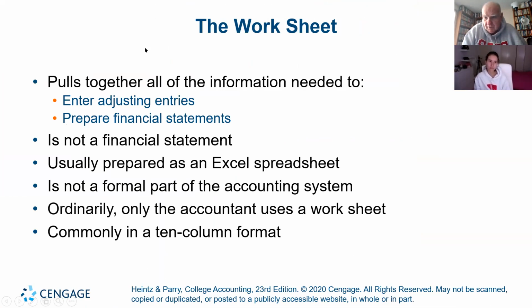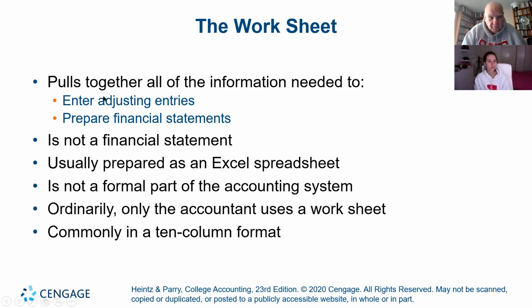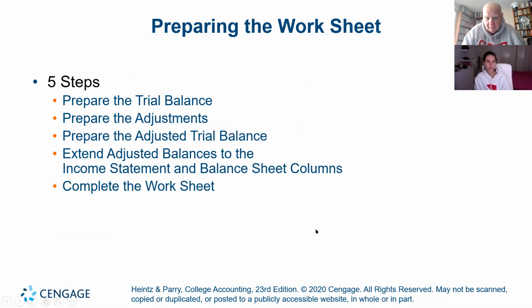So we're going to prepare a 10-column worksheet. We're going to enter the adjusting entries, prepare the financial statements. This is just a worksheet. It's just a piece of paper that we're going to work with. 10 columns. Wow, 10 columns. What are we talking about?